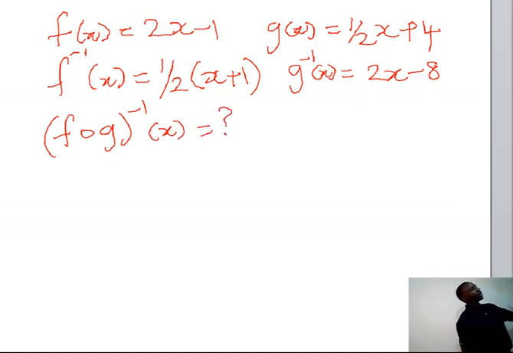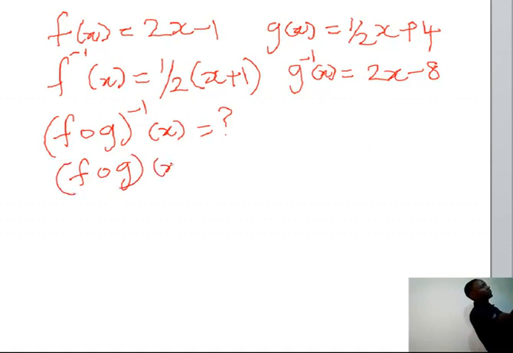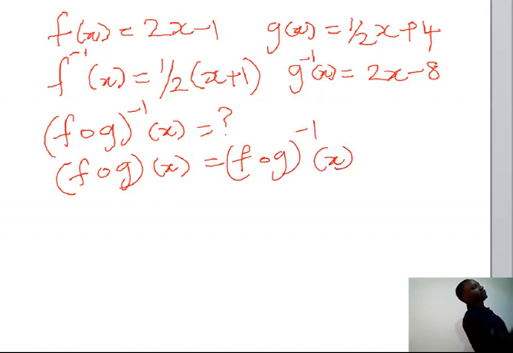In order to calculate this, we first find f compose g of x, then we find its inverse, f compose g inverse of x. That's a simple procedure in order to do this. So let's get it started.